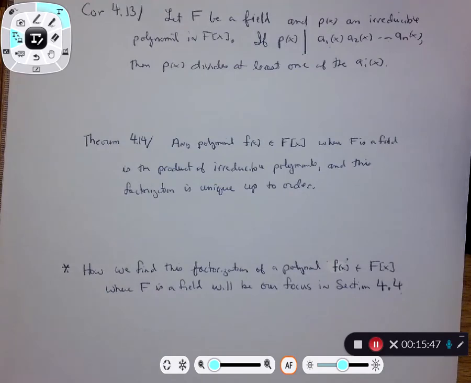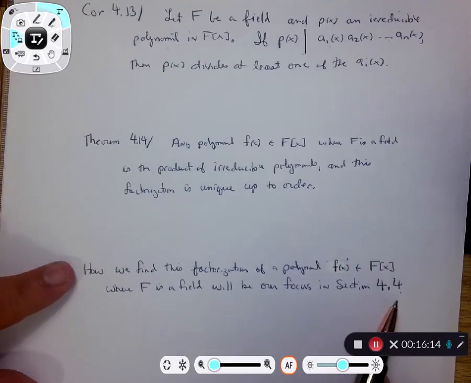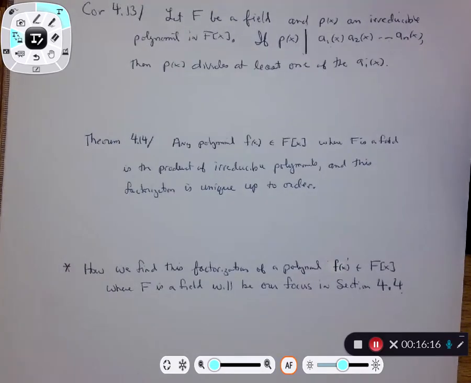Reducible, you can factor it. How we're actually going to be factoring these polynomials and how to set that up is going to be our focus in 4.4. And if I do my job right, I'm going to remind you of the material we discussed in high school, the remainder theorem and the factor theorem, which is actually going to be how we do it. We're just going to have to rewrite it so we can use this F adjoin x notation. So I'll see you guys on the next set of videos.